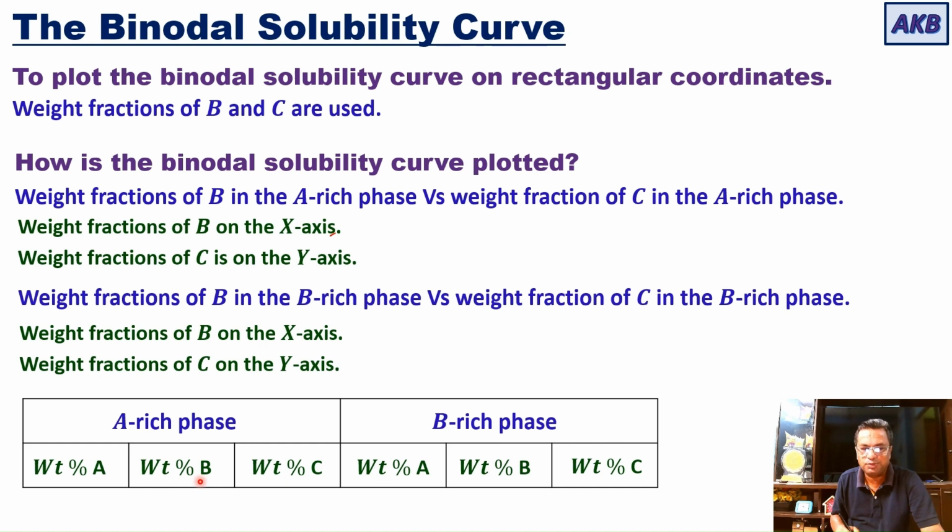Weight percentage of B divided by 100 will give you weight fraction of B in the A rich phase. Similarly, weight percentage of C divided by 100 gives weight fraction of C in the A rich phase. Similarly, you get weight fraction of B and of C in the B rich phase by dividing the percentage values by 100.